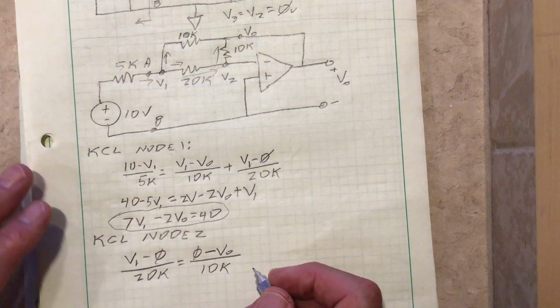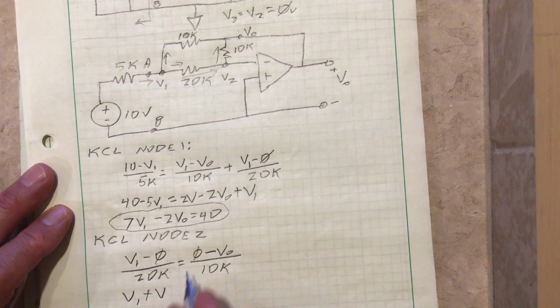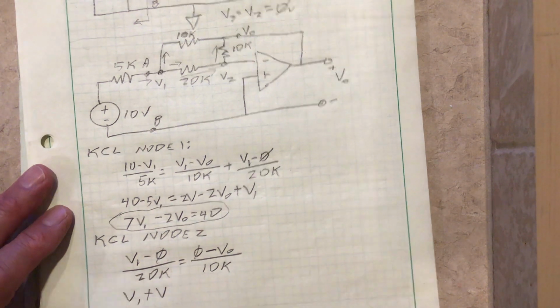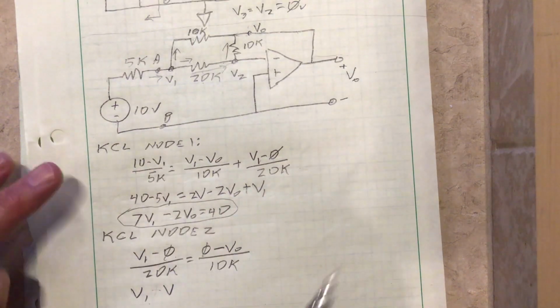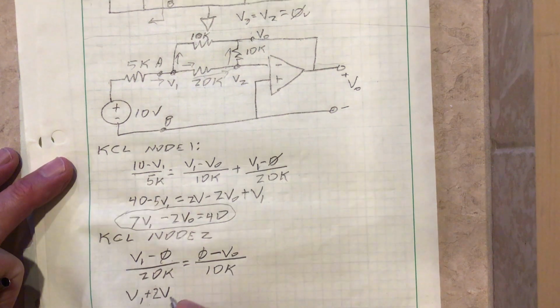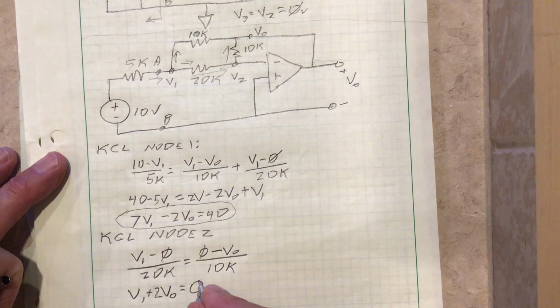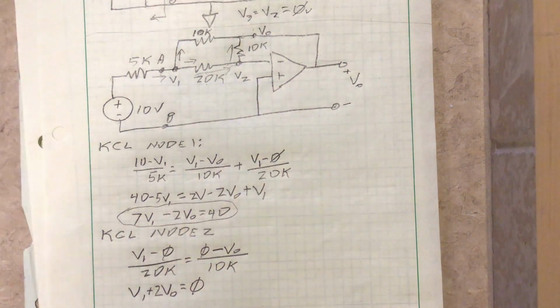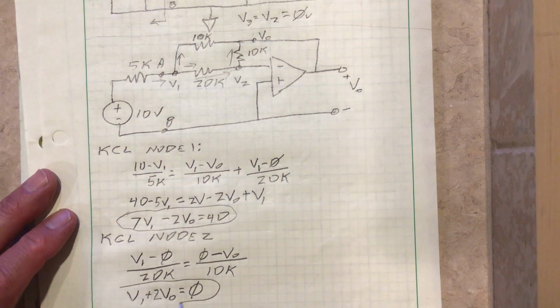Do a little algebra to that, and I can isolate it down to V1 plus 2V out equals 0. Now I'm skipping the algebra steps here. I did that off on the side. Who wants to watch someone do algebra? That's boring. Okay, I'll let you guys do that.